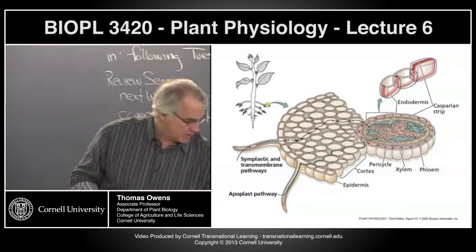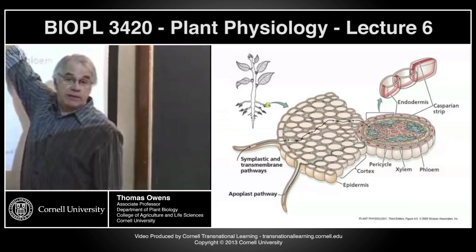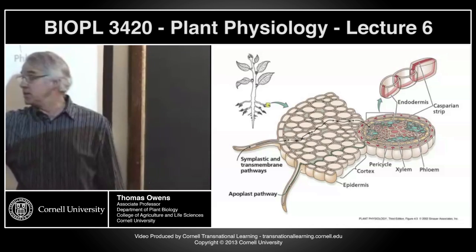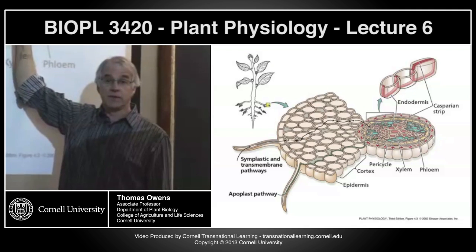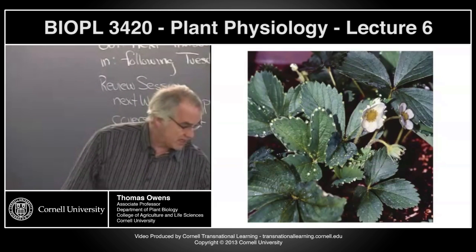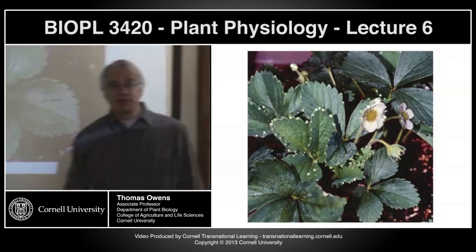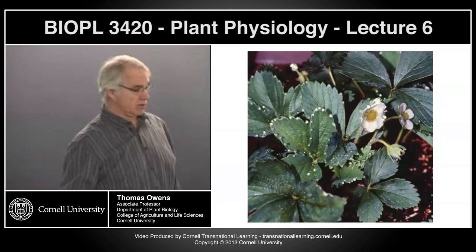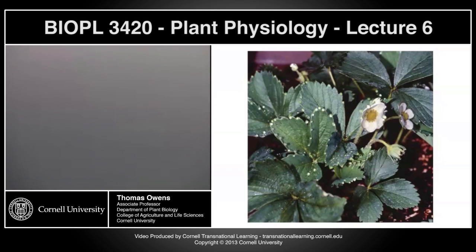So we know from the stuff we talked about earlier that there is a negative pressure that's being produced in the xylem. The xylem is under tension, and that, under the right conditions, is more than sufficient to pull water from the soil into the xylem. But there are times when the plants actually exude water. Small plants will exude water from the tips of their leaves, and we call this guttation. It's due to the presence of a positive pressure in the roots, and that positive pressure is generated by active transport.